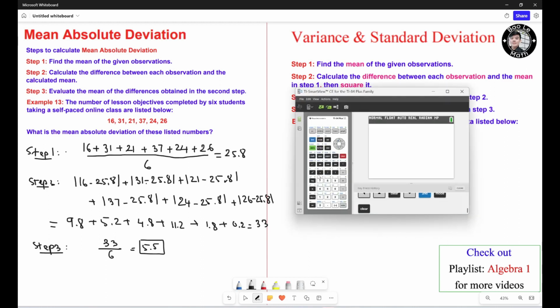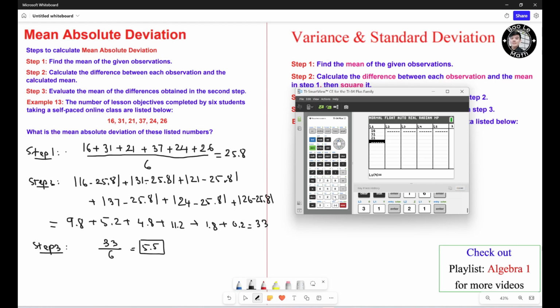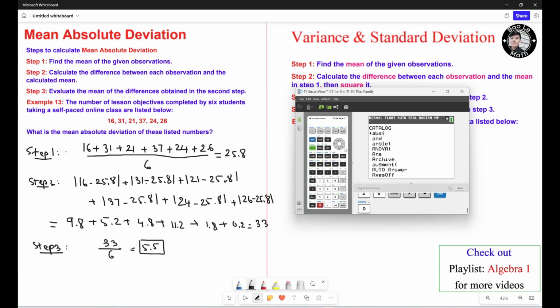Bring up a calculator, hit STAT, Edit. For the first column, input the values 16, 31, 21, 37, 24, and 26. Then go to L2 and highlight the column L2. Hit 2nd 0 for absolute value, hit enter.